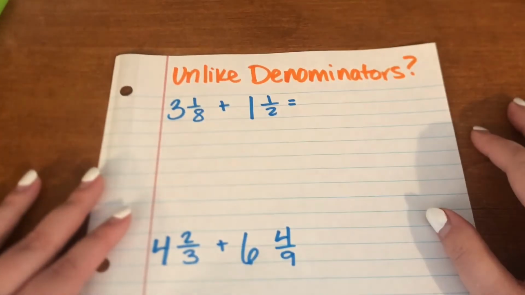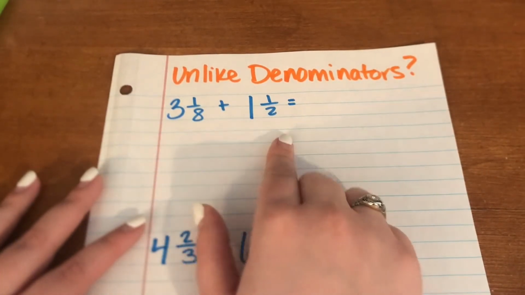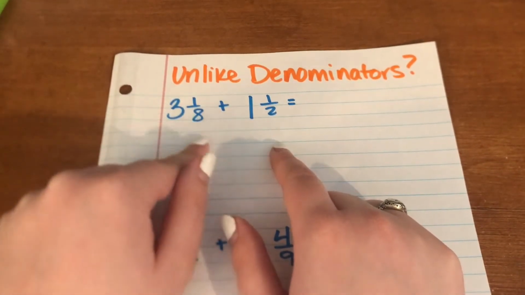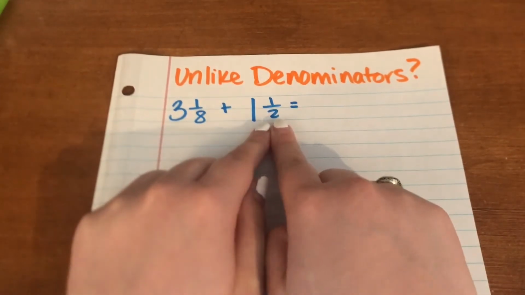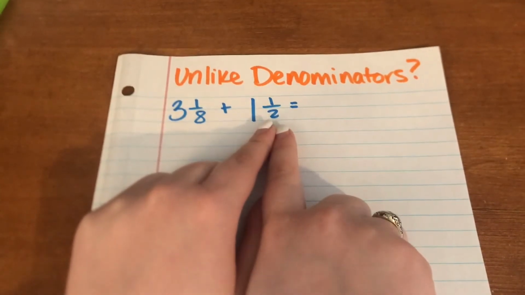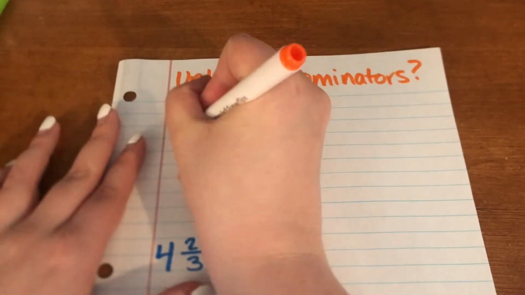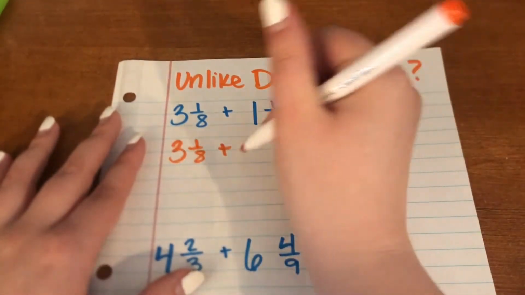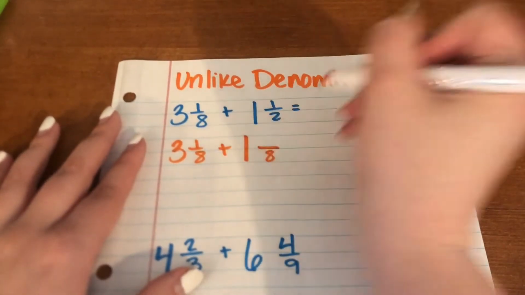Okay, so next we're going to talk about fractions when we add them if they have unlike denominators. So right off the bat, I'm noticing that one of the fractions has 1/8 and one of the fractions has 1/2. I can use my knowledge of equivalent fractions to find a fraction equivalent to 1/2 that would have the same denominator as 8. So my problem would change from 3 1/8 plus 1 1/2 to 3 1/8 plus 1 and something over 8.